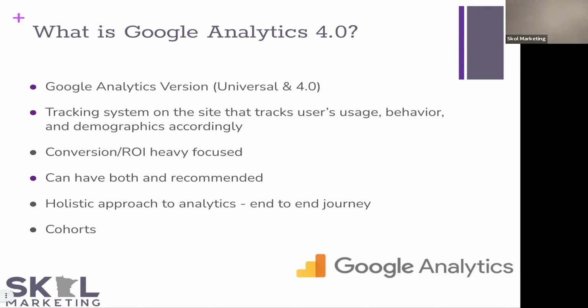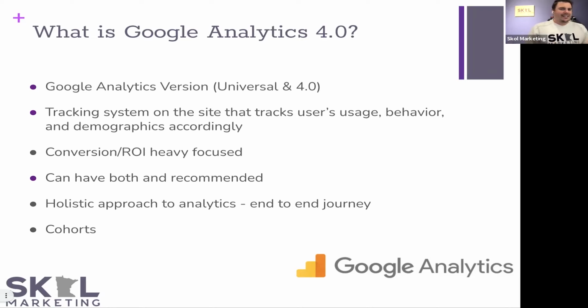Another keyword that you might hear about is called cohorts. Cohorts are a group of users with a common characteristic, like an event or a conversion. You can create a cohort report to see how long it takes people to convert based on a specific marketing tactic.